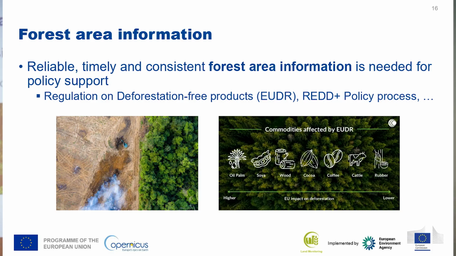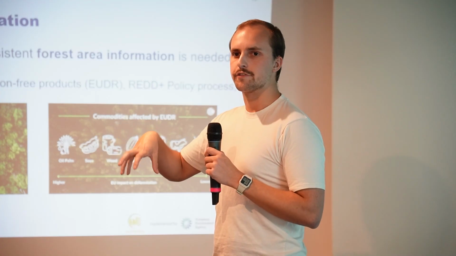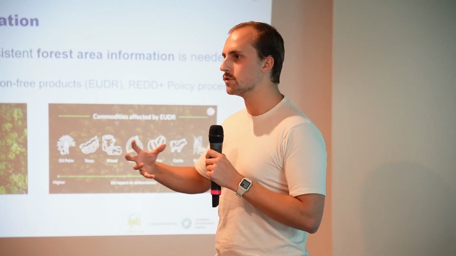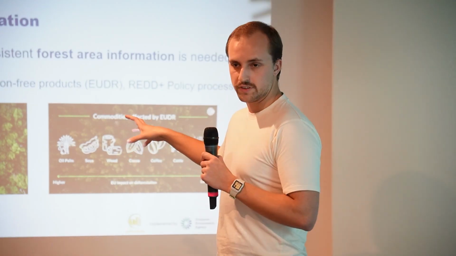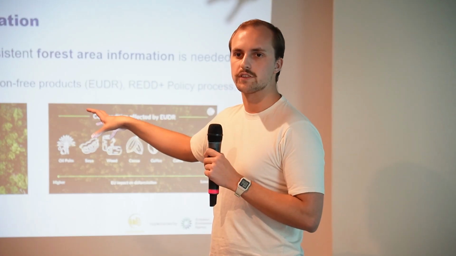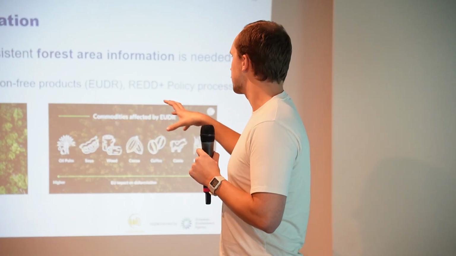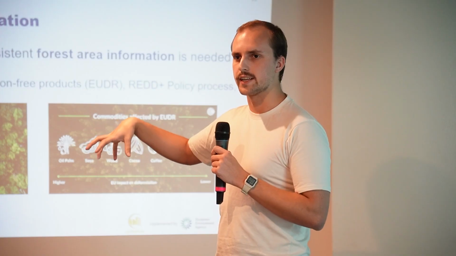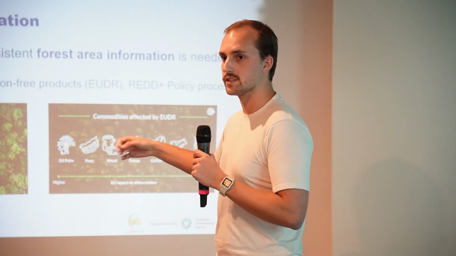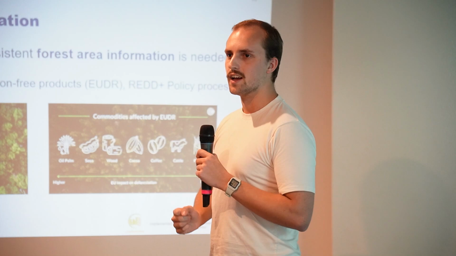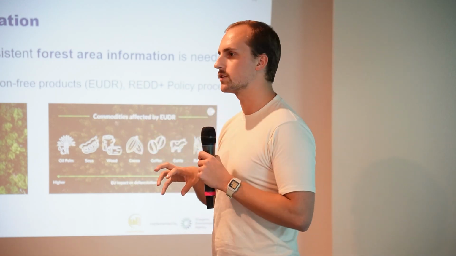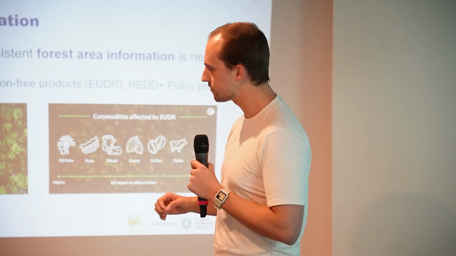It's a regulation on deforestation-free products, which states that in the future products that will be imported in the EU must be deforestation-free, and companies have to prove this. They'll be able to prove this using these tree cover density layers, and that way, as Europe, we can stand against deforestation, which is, I think, a really important subject that I've heard in a lot of different talks already the past days.